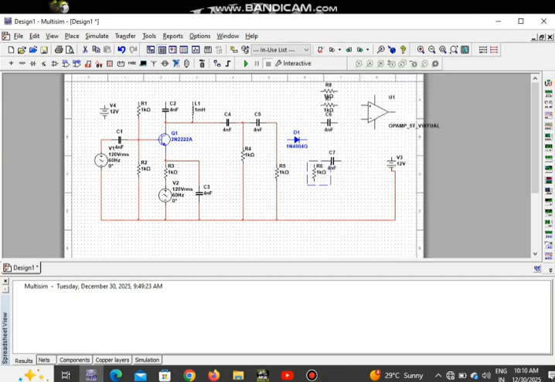Rotate 90 degrees, R6 diode connected at one point and ground the resistance, and C7 flip 90 degrees. C8 flip 90 degrees. Resistance flip 90 degrees.